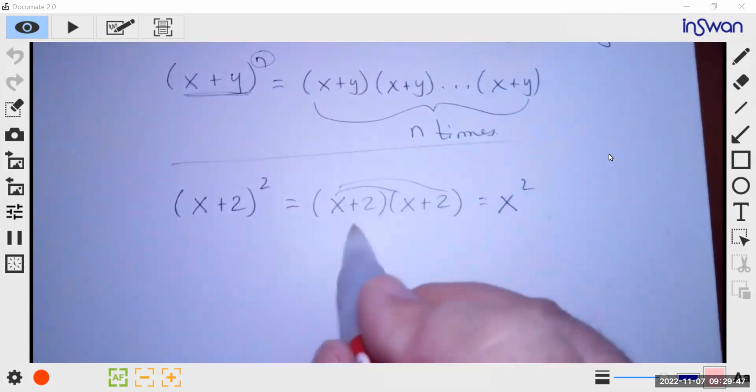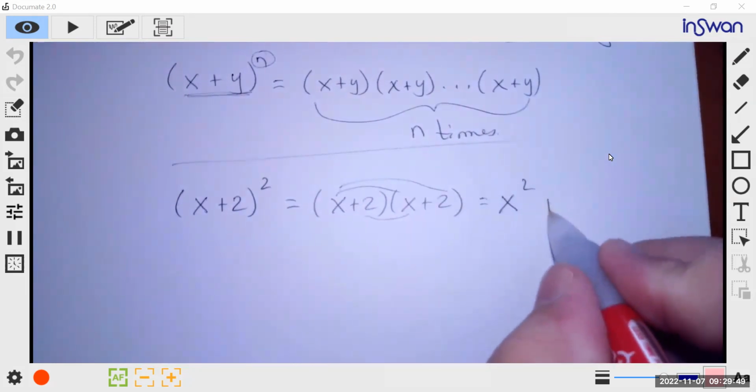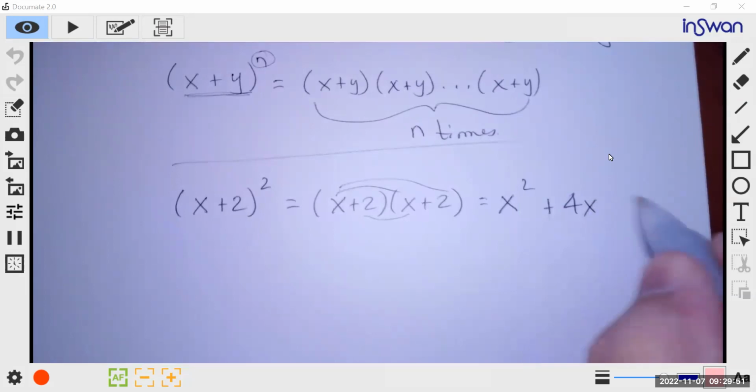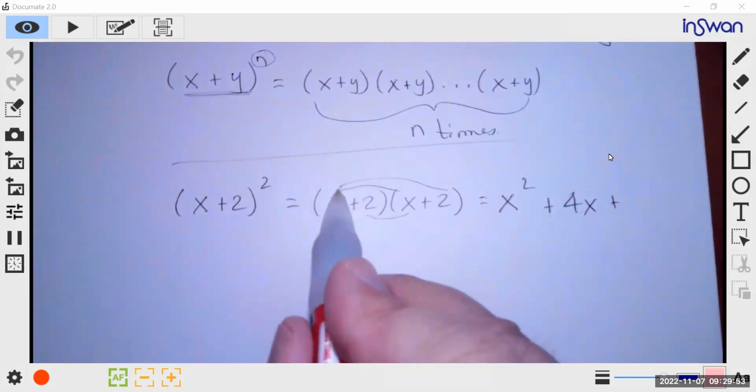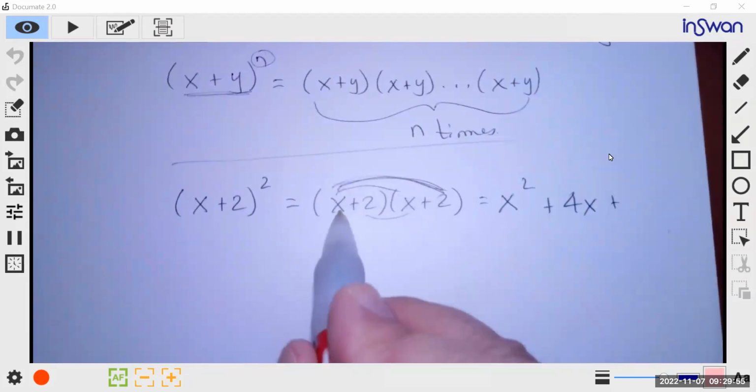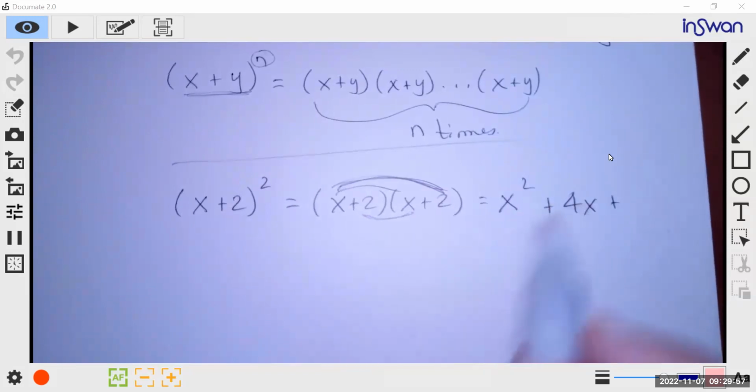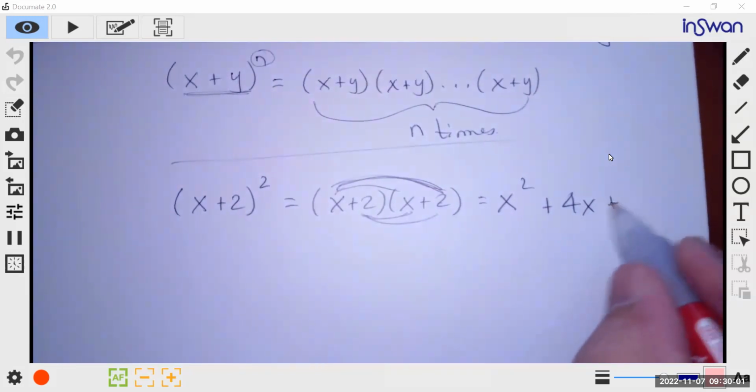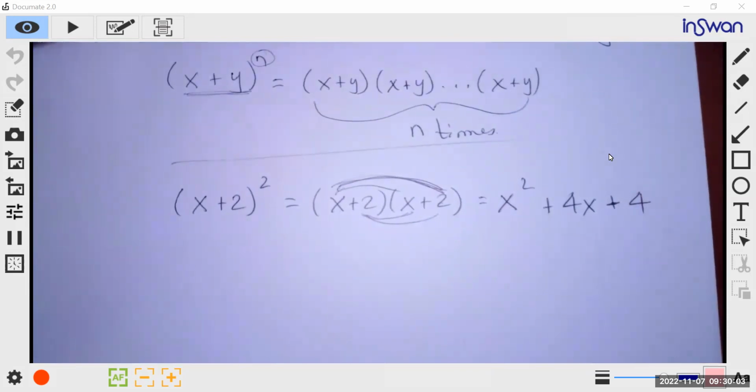So we have x times 2 is 2x, 2x. Take the first and last terms, 2 times x and 2 times x. 2x plus 2x is 4x, and then the last terms. I'm skipping the minutia; you can do it yourself if you want to. I'll get to a point where I'll show you a shortcut.